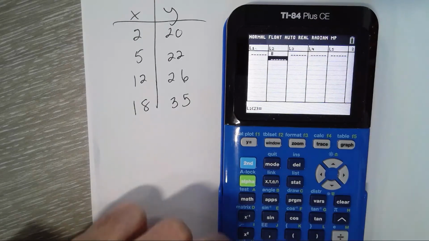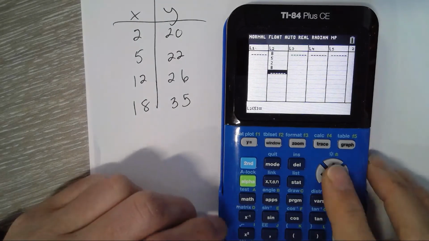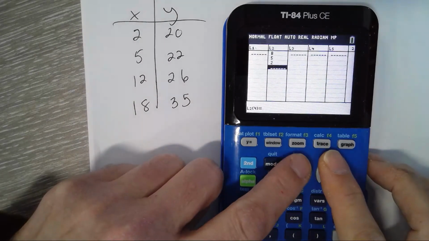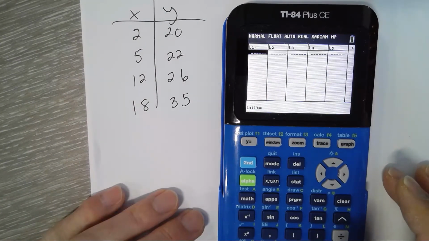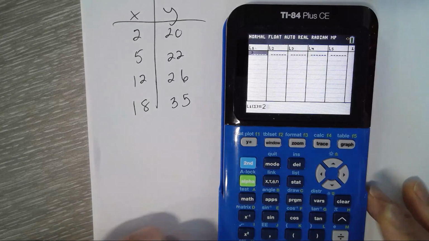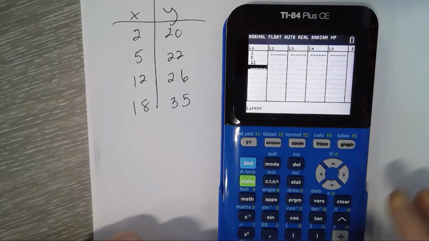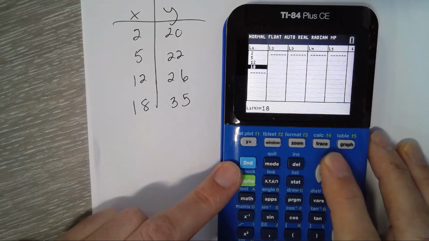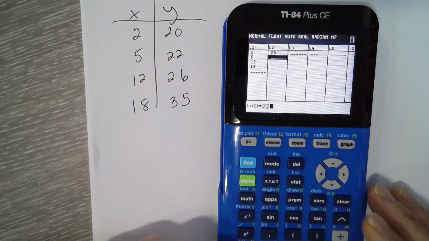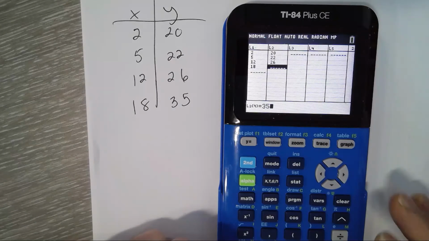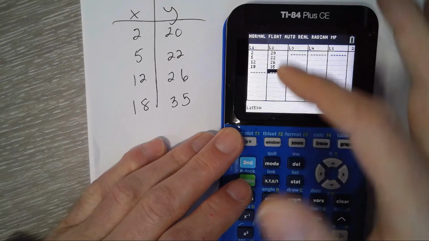If you wanted to, you could certainly just go through and delete the individual cells. Okay, so 2, 5, 12, 18 is my L1, which is my X column, 20, 22, 26, and 35. Okay, so I have them entered into L1 and L2.